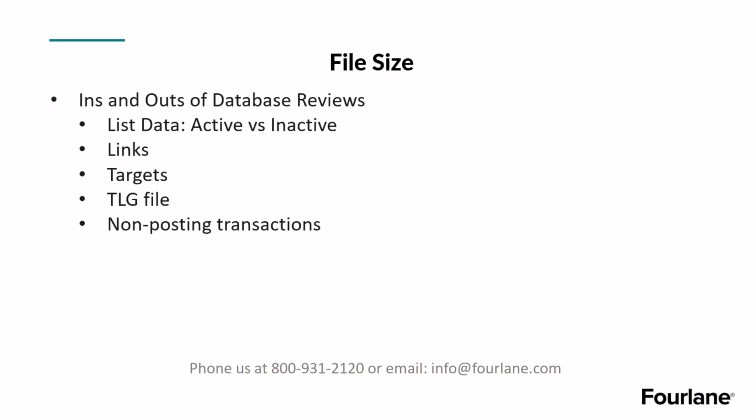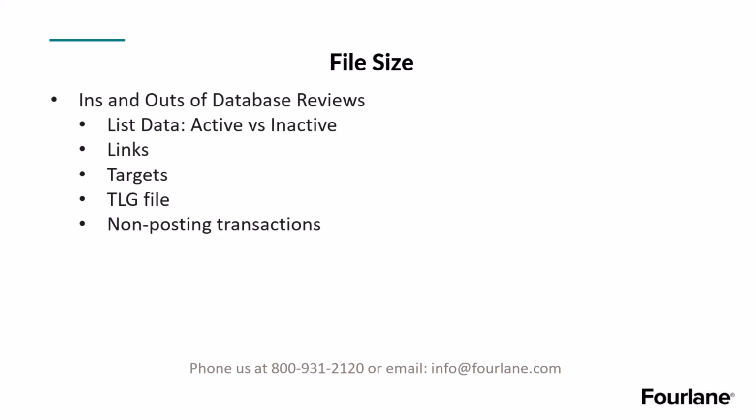One of the big things that we recommend doing is what's called a database review. And what that specifically looks at is certain areas of the QuickBooks file, like your lists. Those lists are going to be things like accounts on your chart of accounts, customers, vendors, items, all of those lists.